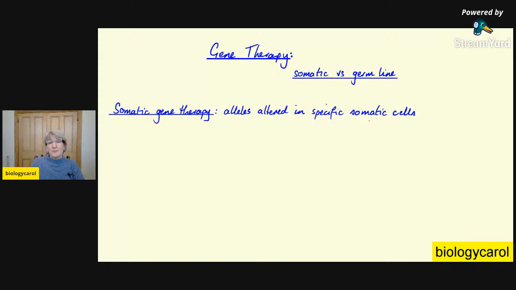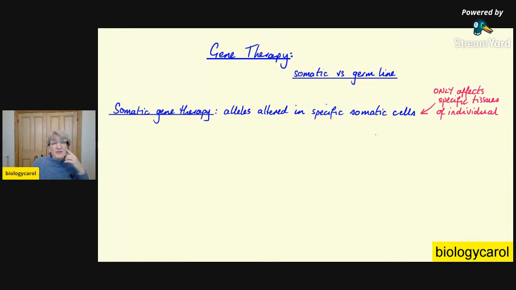And soma means body. So this means body cells, what I would call your normal body cells. In fact, any cell other than your gametes. In other words, all the diploid cells in your body.